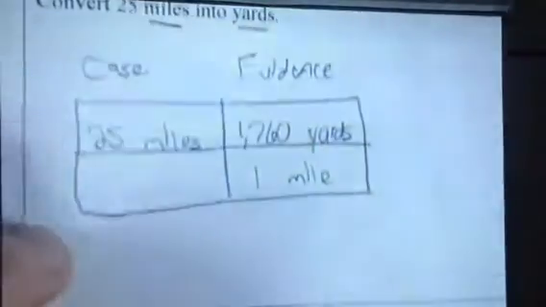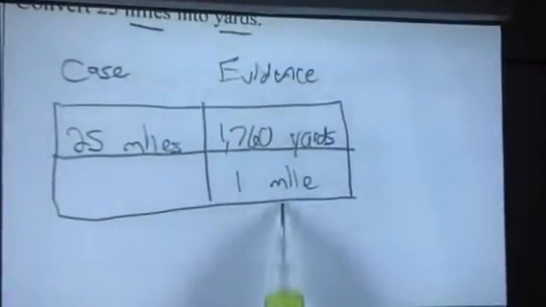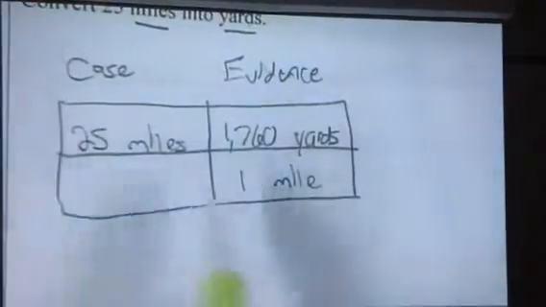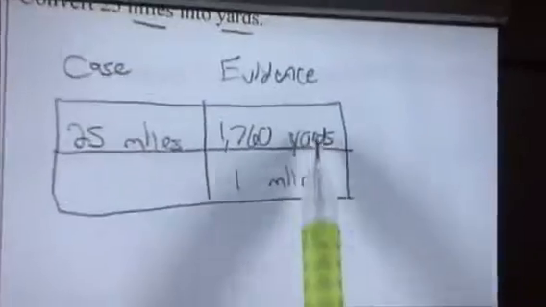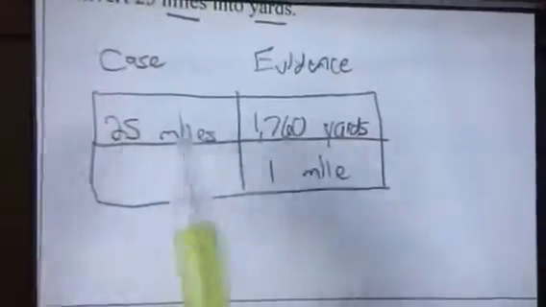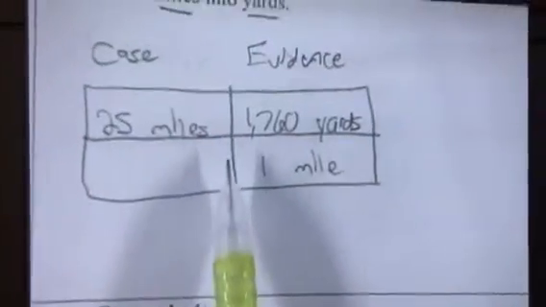Well, I know that 1 mile is equal to 1,760 yards. Alright? The reason that I knew to put miles in the denominator, and yards in the numerator, is because what I'm trying to do is get these two to cancel. So I need a way for these two to cancel.